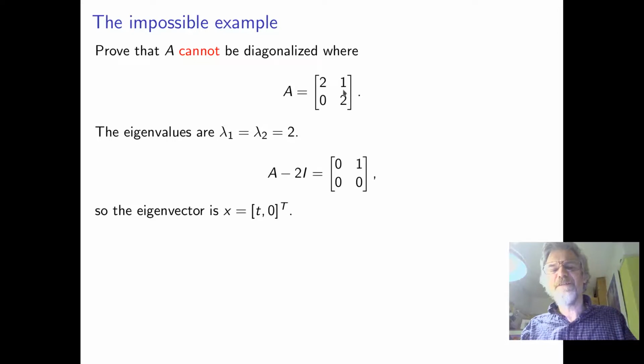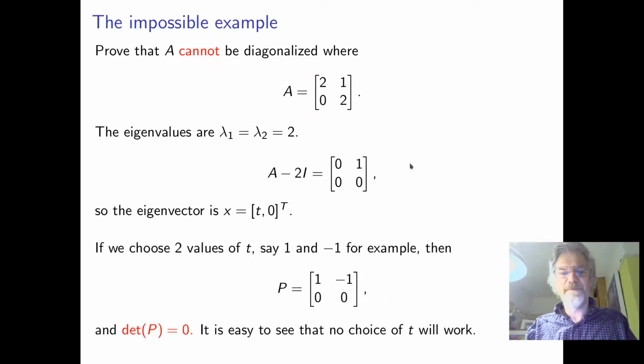Actually, this is archetypal because the worst that you can get, once you've tried to diagonalize it, is these irritating ones off the diagonal. So we can't do this because we've only got one independent eigenvector. We can write it twice with different multiple, but look, this matrix is singular, and so we can't use it to diagonalize.